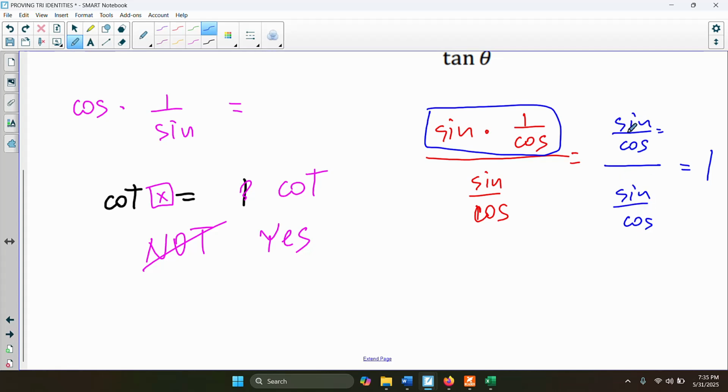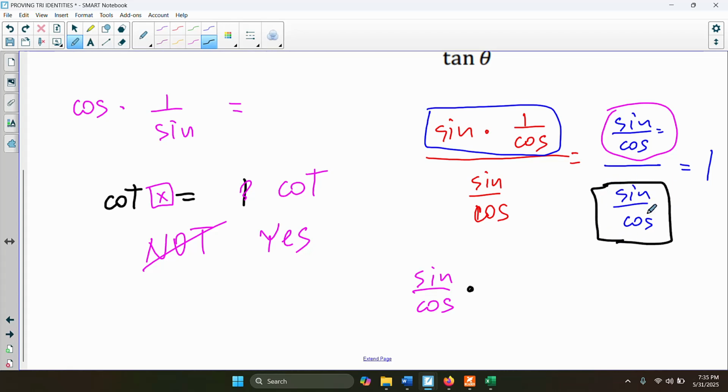Another way of looking at this is pretty important. I have my numerator here, and I'm going to write it sine divided by cosine. That's my numerator. But remember from your middle school years, when you divide by fractions, it's the equivalent of multiplying by the reciprocal. You're dividing by this, that's my denominator.